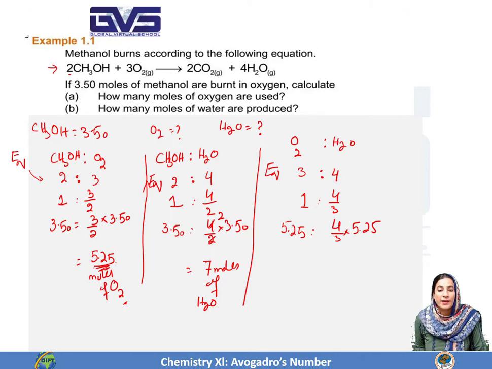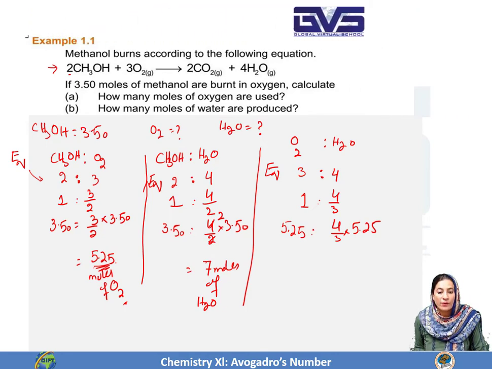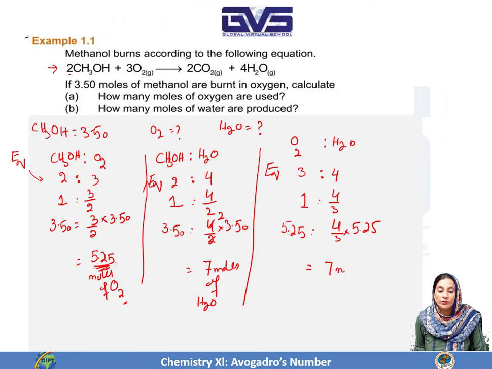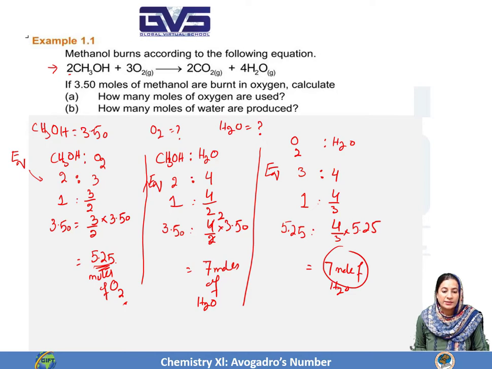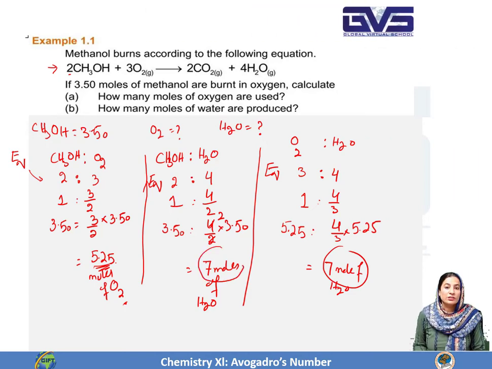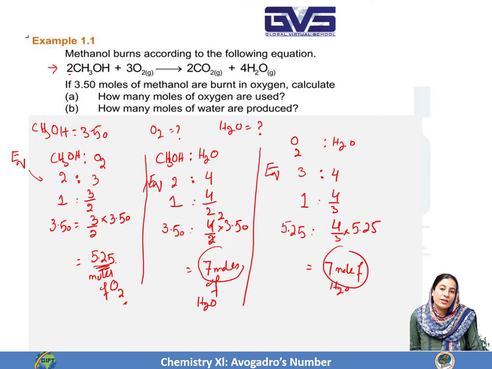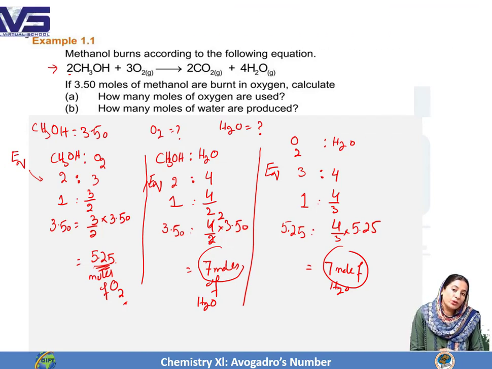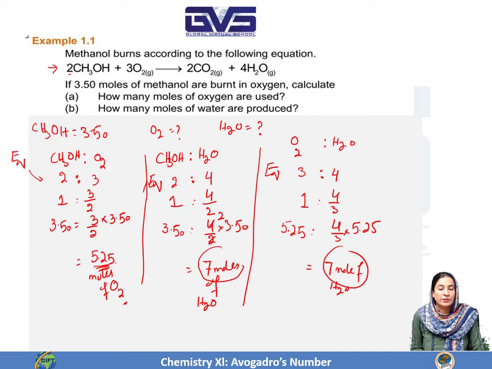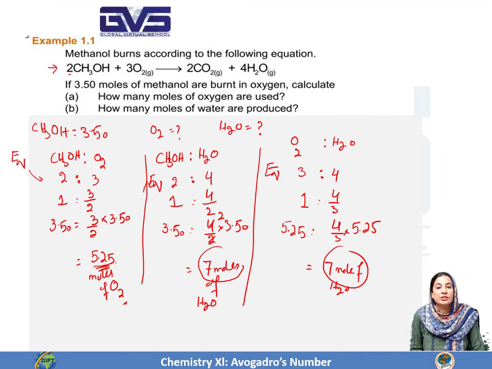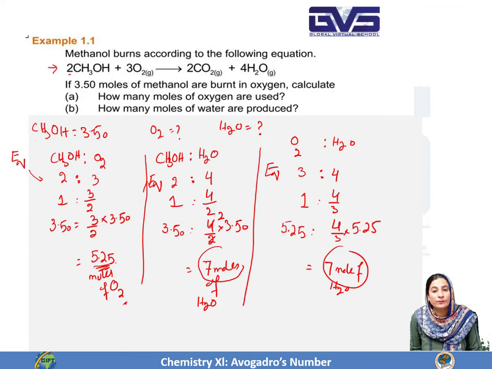When you multiply 5.25 with 4 and divide by 3, the answer will again be 7 moles of H2O. So this answer is the same as that. It is very crystal clear that you can find the moles of any product with the help of any reactant moles. Similarly, product-product relationship, product-reactant, reactant-reactant relationship. Hopefully this is clear now.